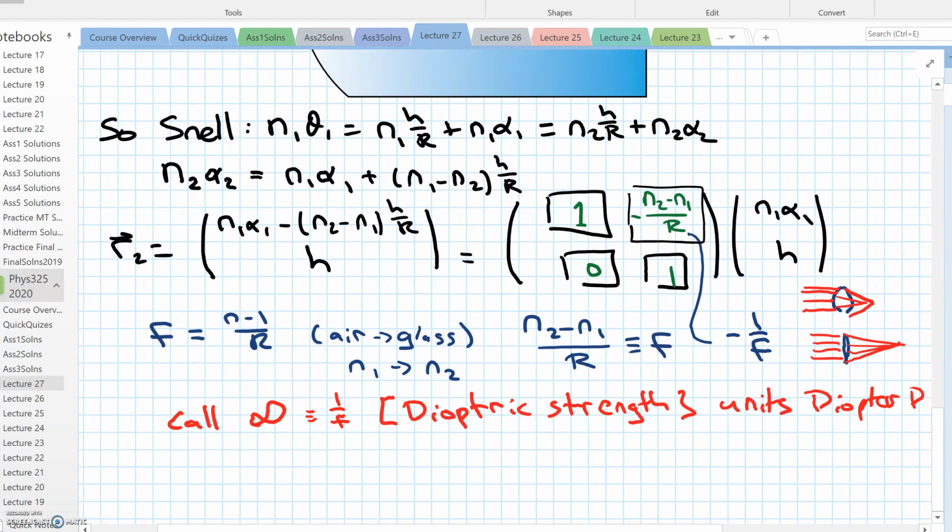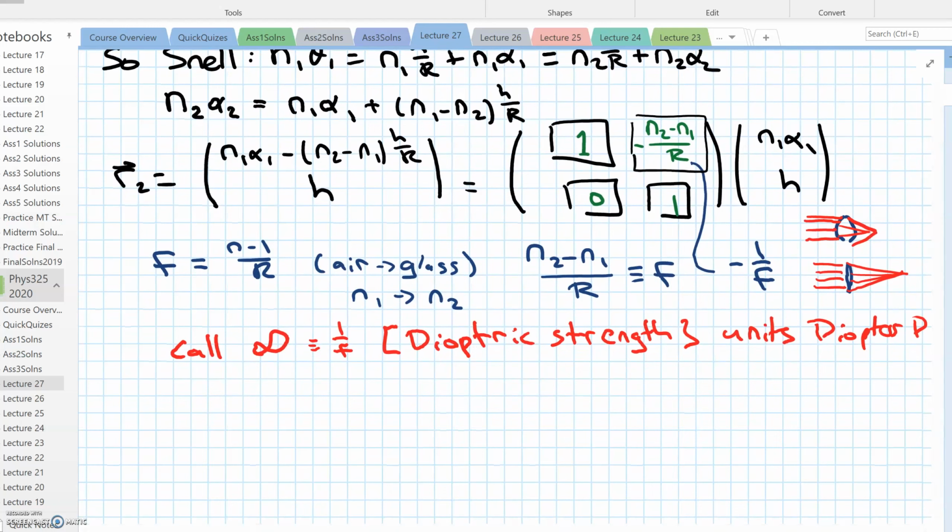Okay, so with d equal to 1 over f, we can finally write the refraction of a lens, or rather just a single curved surface, as 1, negative d, 0, 1. And why do we use dioptric strength? What's so useful about it? Well, let's suppose that we have a few curved surfaces with no propagation between them, just one after the other.